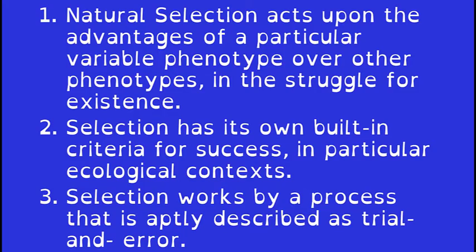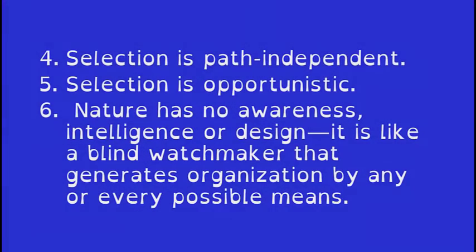Selection works by a process that is aptly described as trial and error. 4. Selection is path-independent. 5. Selection is opportunistic. 6. Nature has no awareness, intelligence, or design. It is like a blind watchmaker that generates organization by any or every possible means.